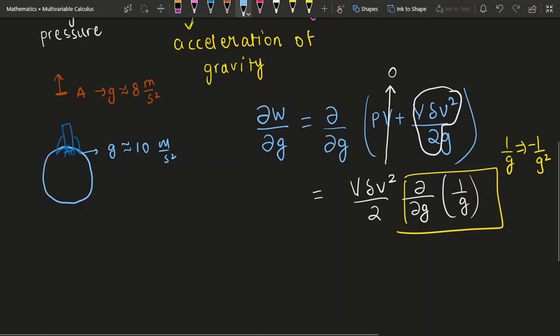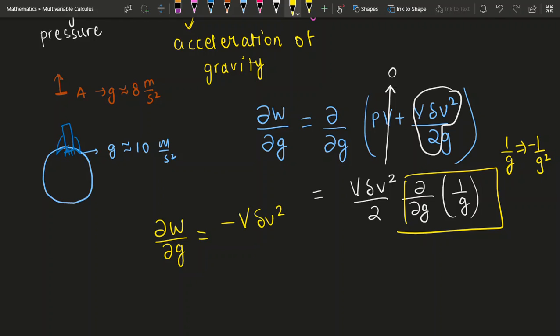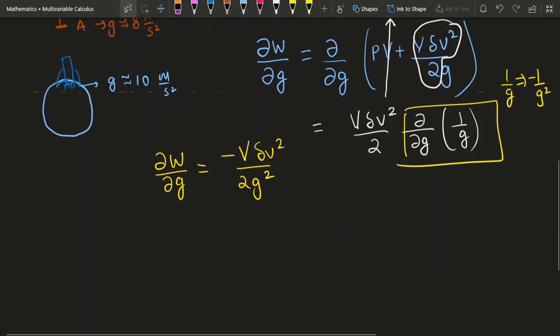So the work done changes, as we put a differential change in the acceleration due to gravity, as dictated by the equation minus V delta V squared over 2g squared. A couple of things you can note from here.